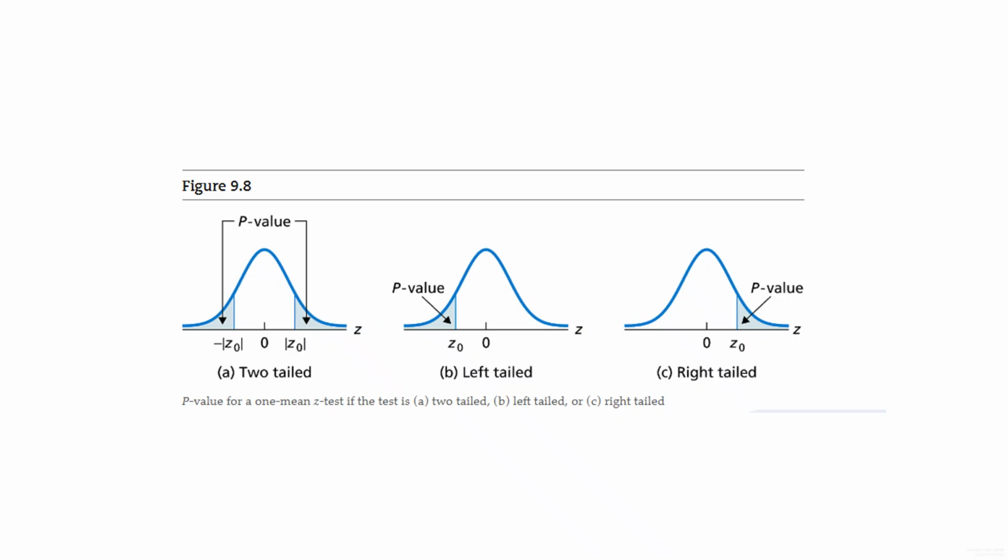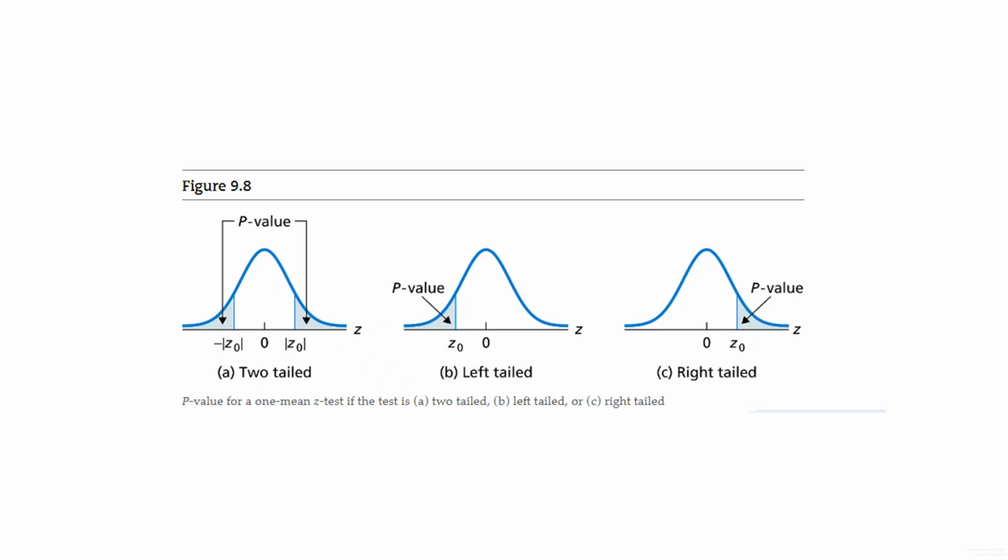This figure here is showing the p-value for a one mean Z test if the test was two-tailed, as shown in A, left-tailed in B, and right-tailed in C. With the two-tailed test, the p-value equals the probability of observing a value of the test statistic, Z in this case, that is at least as large in magnitude as the value actually observed.